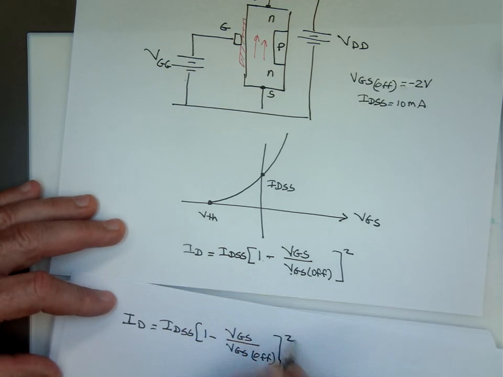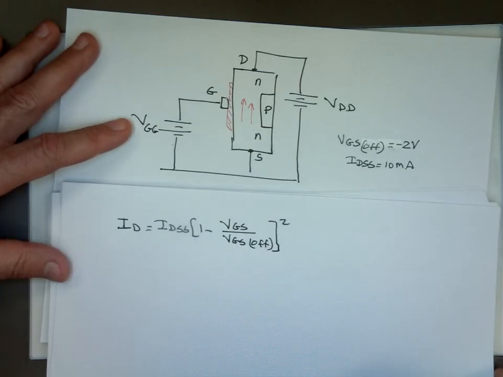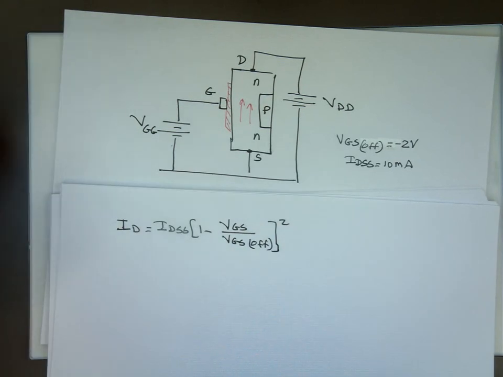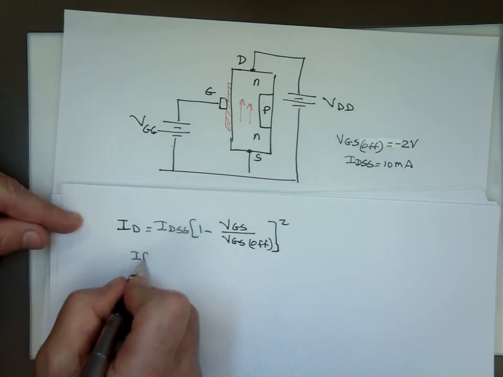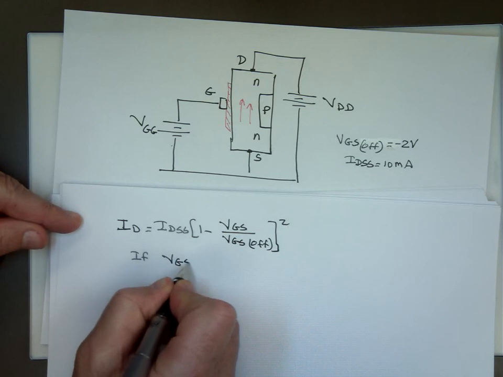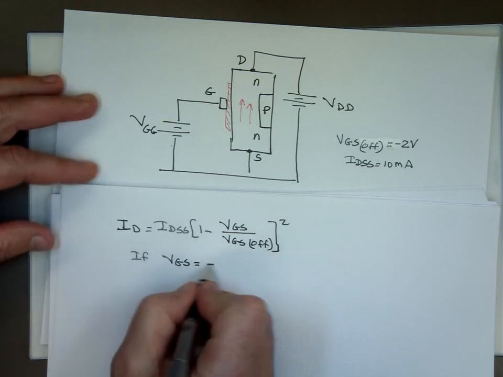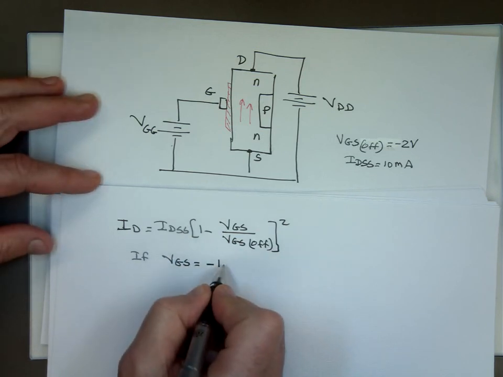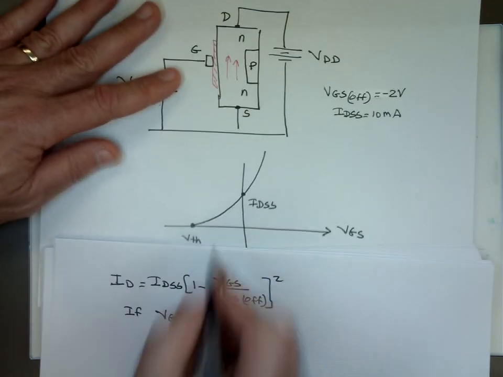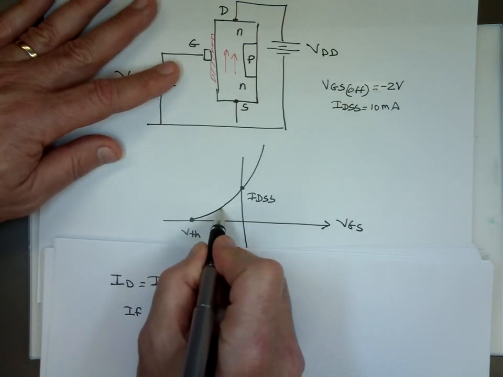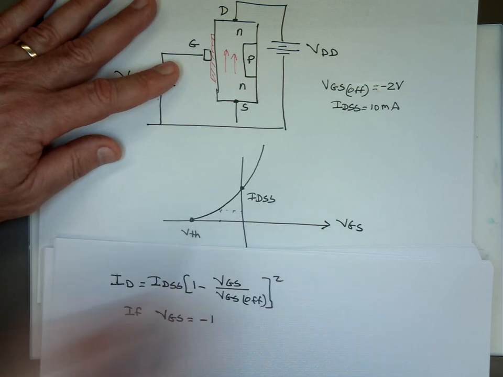So let's use this circuit. If VGS equals negative 1, notice my current is going to be less than I sub DSS, maybe half of it, a third. Let's see what the math said.